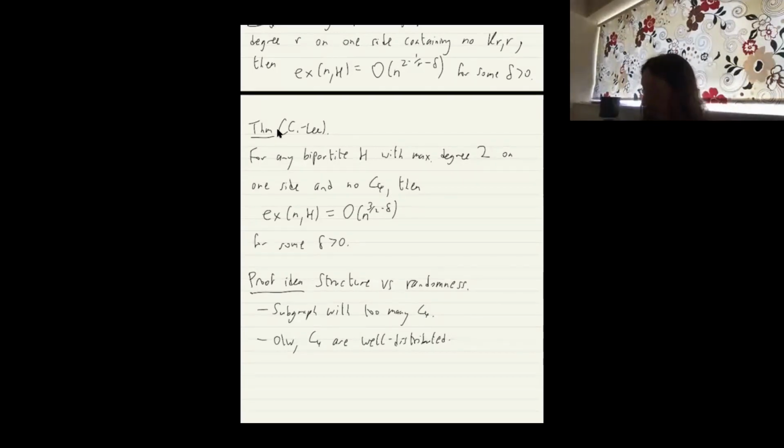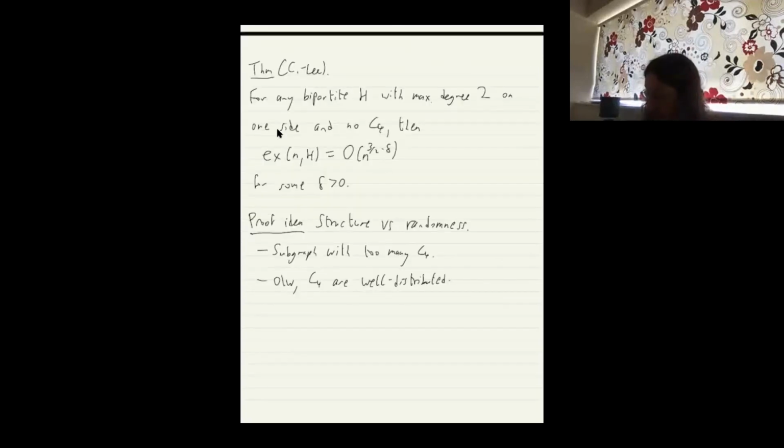Our original version of this, the way in which we proved this, I should say something extra before I say this. There's a restatement of this theorem in terms of what are called subdivisions.